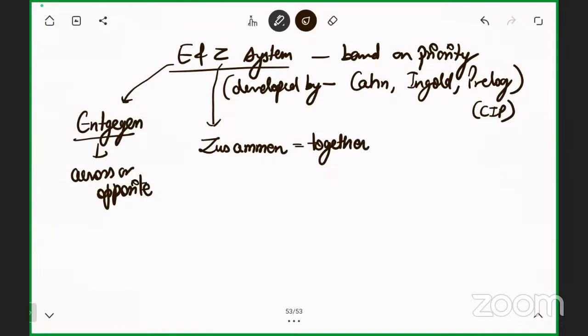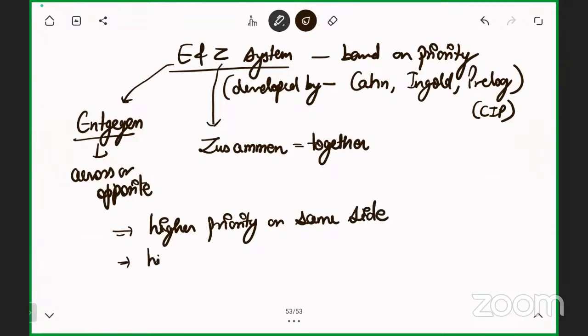If same priority group, or you can say condition, higher priority on same side. Second condition, higher priority on different side. Two conditions I said.